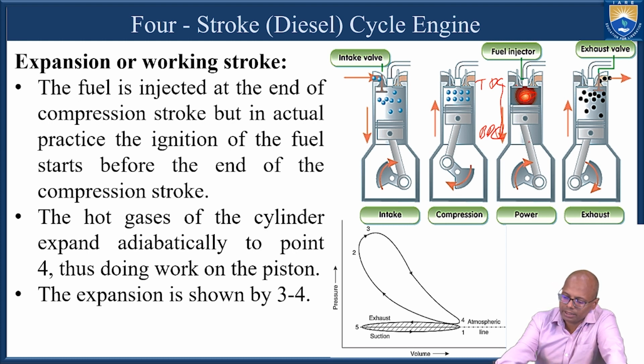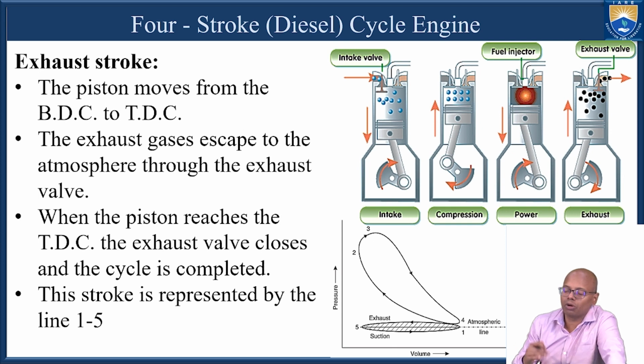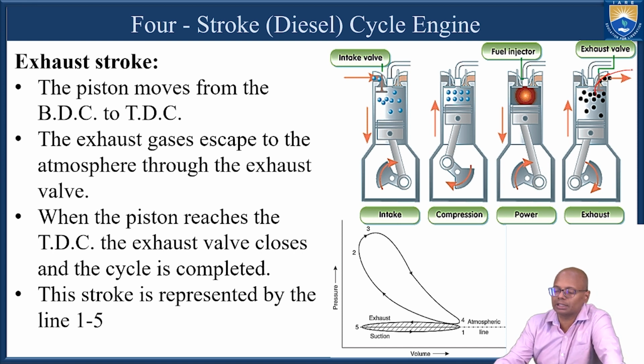As the piston reaches the BDC and starts moving to the TDC, the exhaust valve opens, and the waste gases from which we have already extracted the power are pushed out of the engine through the exhaust valve.